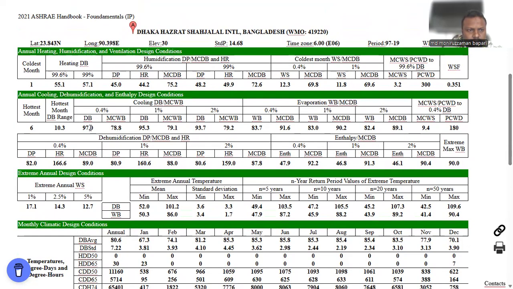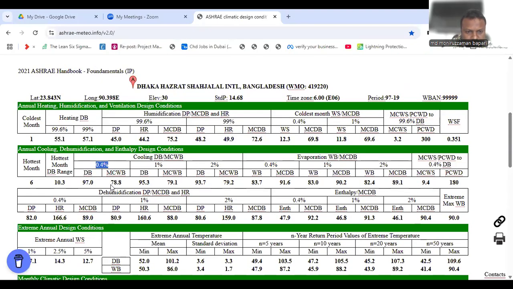And for now, we are going to get data for 0.4%. We have dry bulb temperature 97 and mean coincident wet bulb temperature 78.8. So let's get this data, 97 and 78.8.